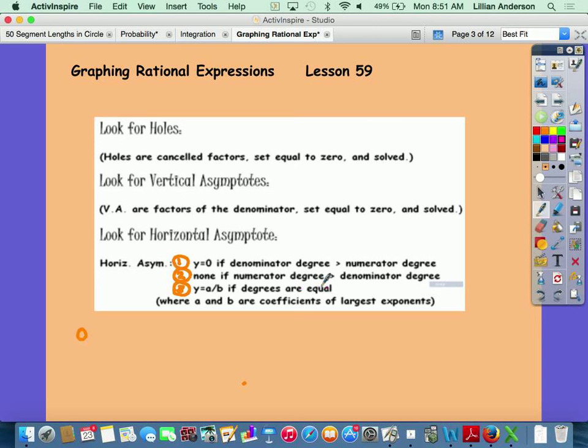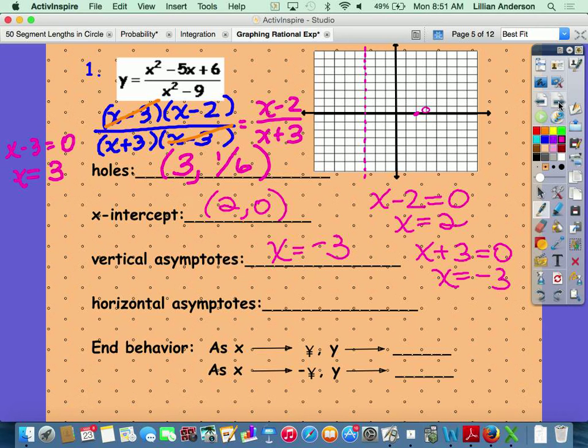When it's equal, your horizontal asymptote is y equals a over b. And a and b are the coefficients of the largest exponent. So what's the coefficient of this right here? It's a 1. What's the coefficient here? 1. So my horizontal asymptote occurs at 1 over 1, which is just 1.